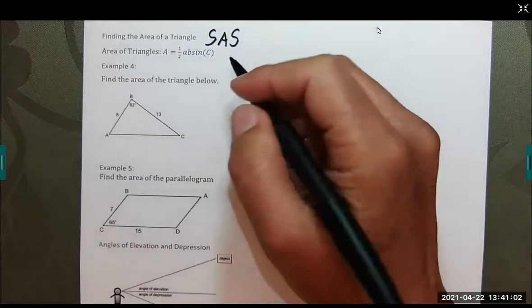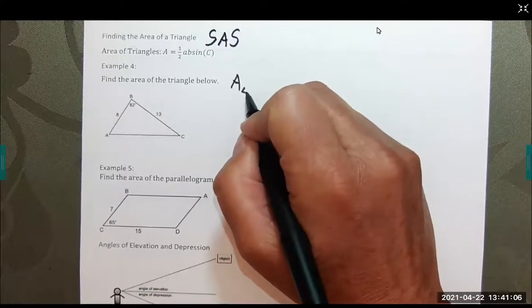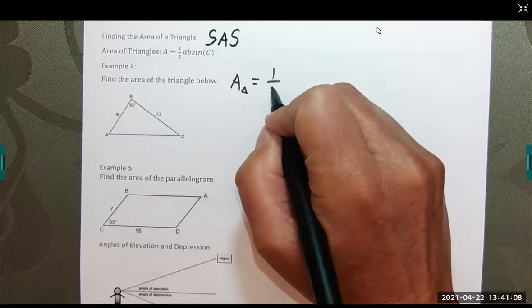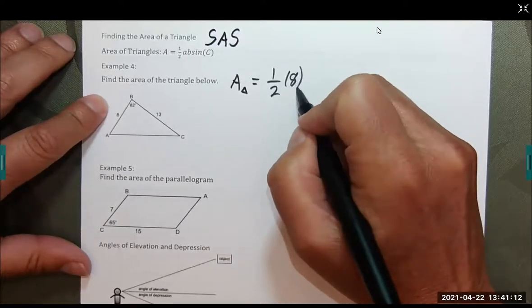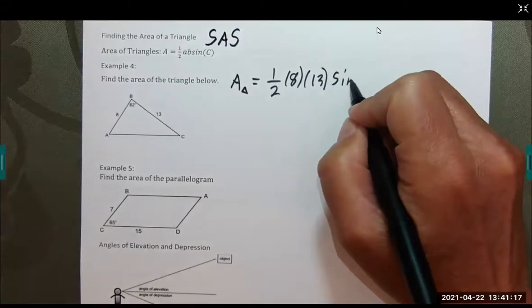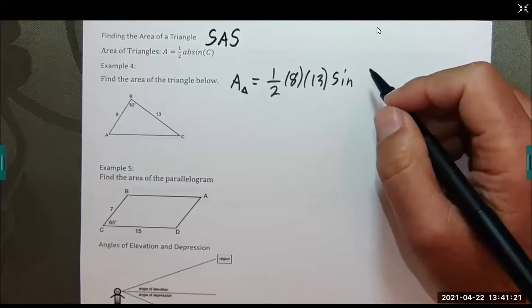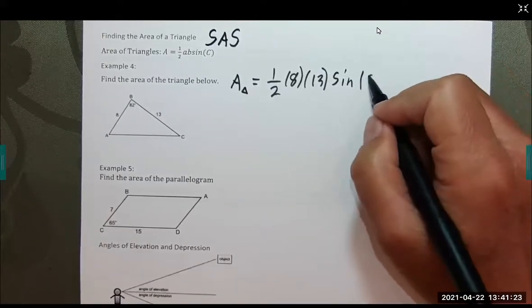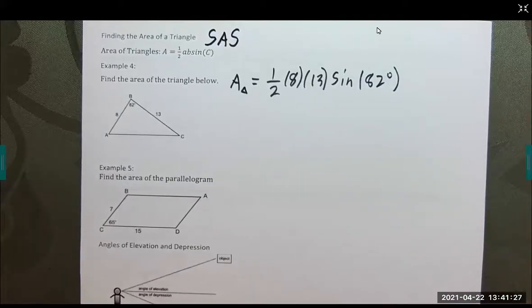So let's try it. So the area of a triangle is going to be 1/2. And in this case, it's 8 times 13 times the sine of 82 degrees. So let's see what we get.